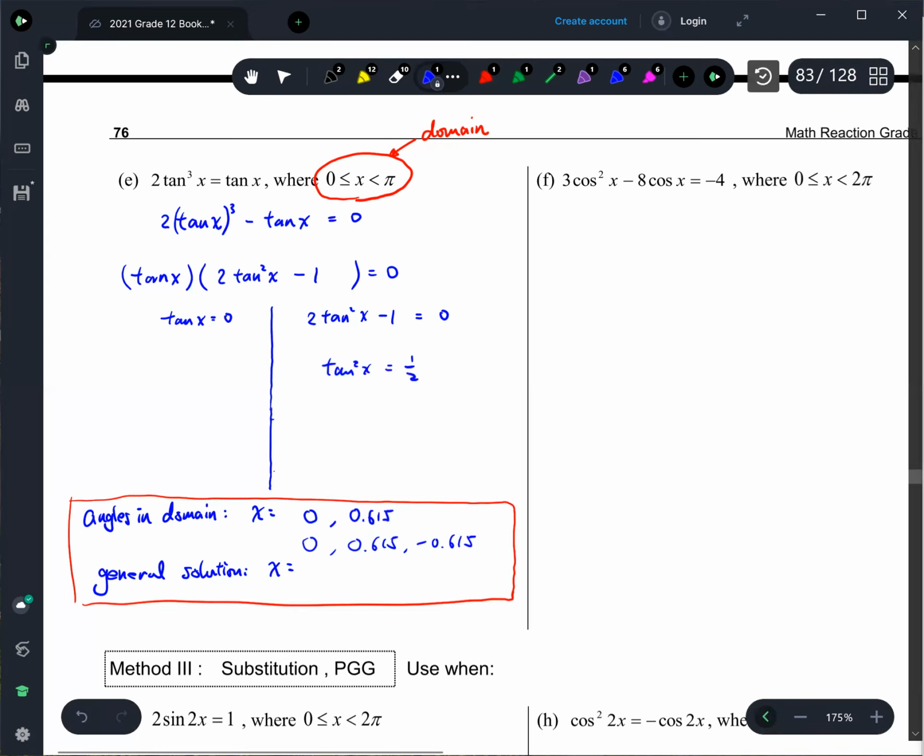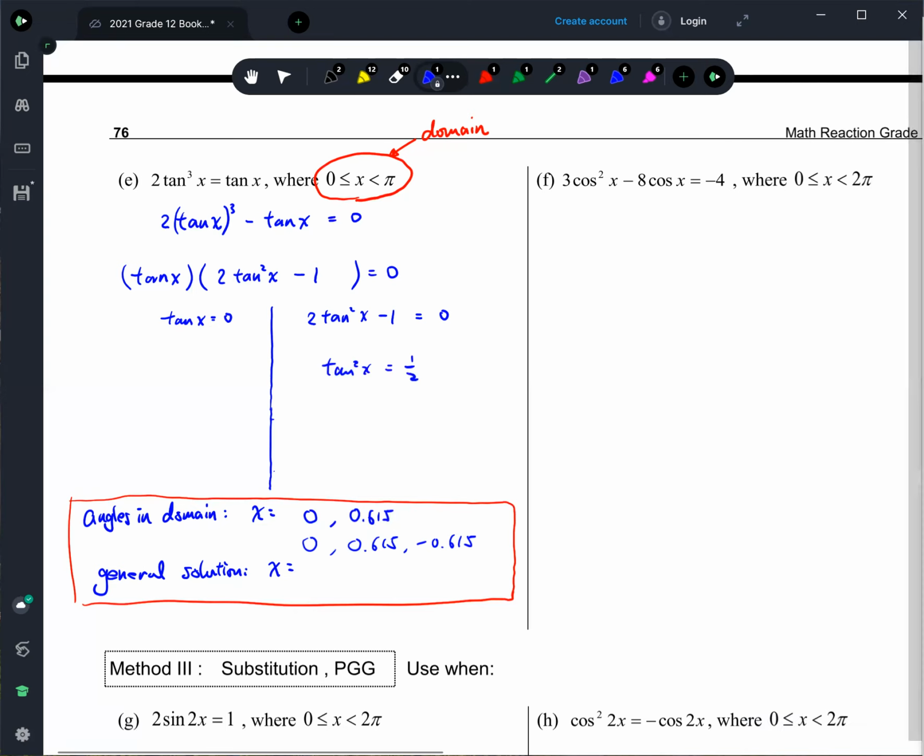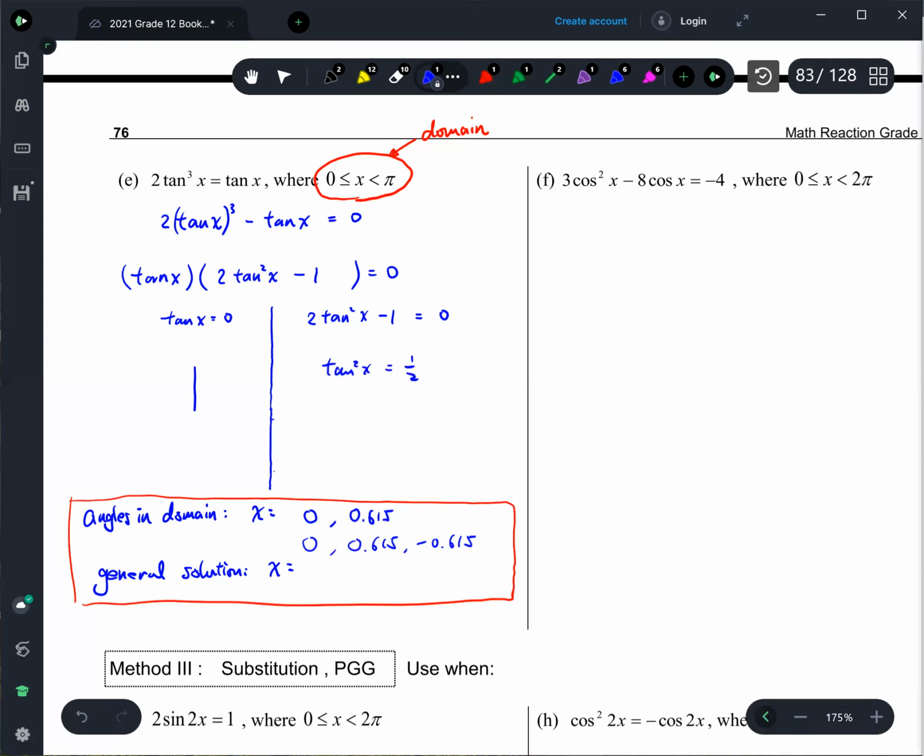Okay, let's go over the left side. Okay, left side is the easier part. Tangent x equal to 0. The moment that you see tangent x equal to 0, you have to remember it's on the axis, right? So it will be 0 on the right side and left side, right?